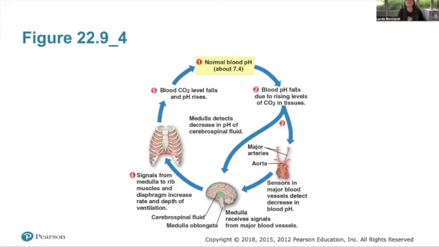The blood carbon dioxide level goes up, and then the pH falls due to rising levels. Well, I guess I should have started there. In normal blood, the carbon dioxide is in there too much. So like you're working out, and the carbon dioxide is building up faster than the oxygen that has come in.